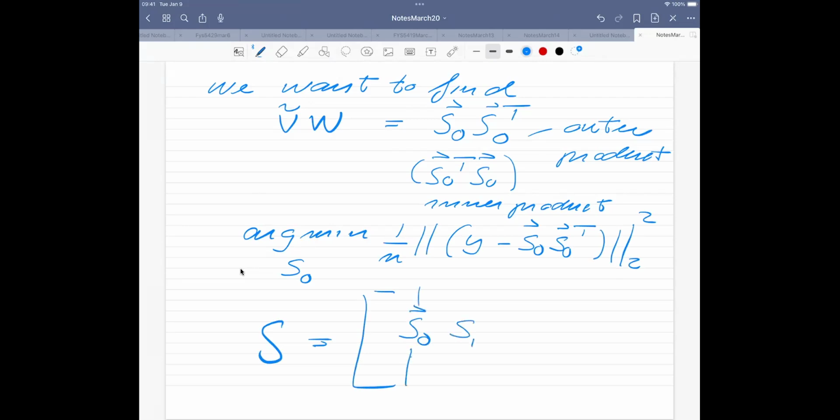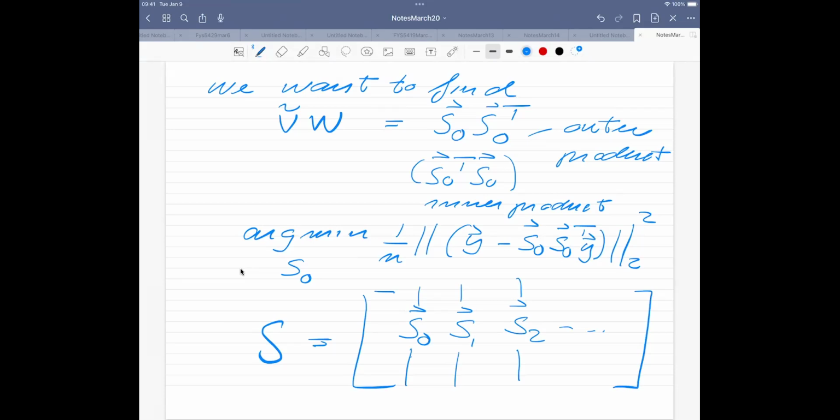We want the covariance matrix, which has the largest eigenvalue sigma 0, to be the one which fulfills this problem, multiplied with y here, with vector signs.